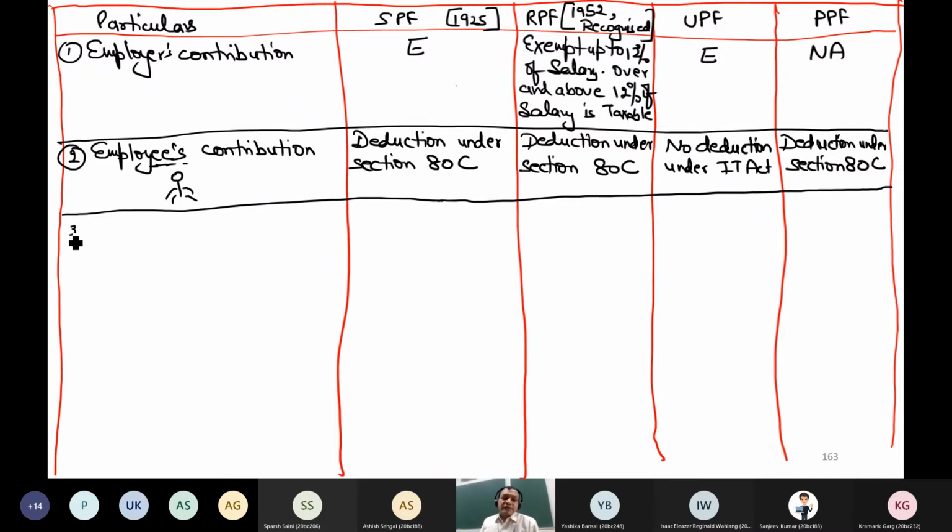Then third thing which is happening is what?